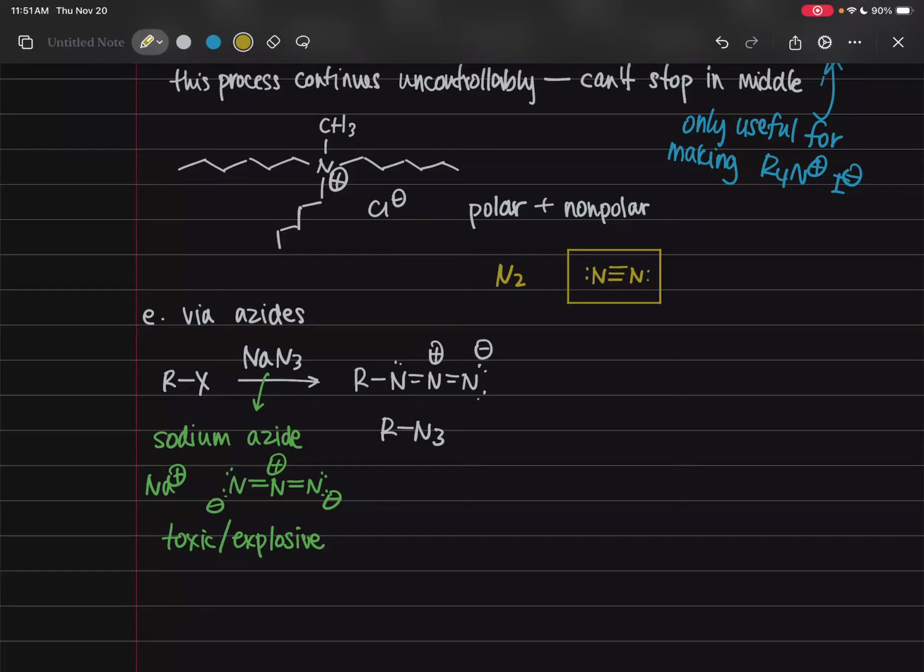And so that's the driving force for the explosiveness of this and for the next reaction, which by the way is hydrogenation with H2 and Pd. That makes an amine and nitrogen gas.